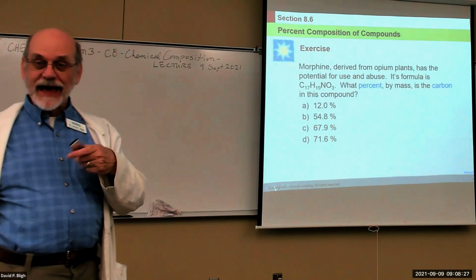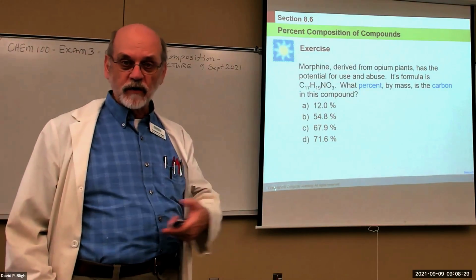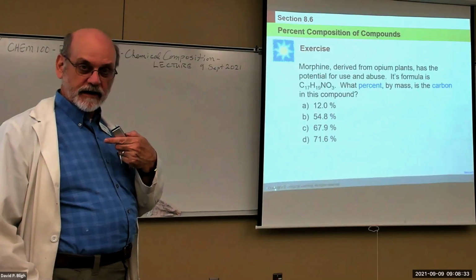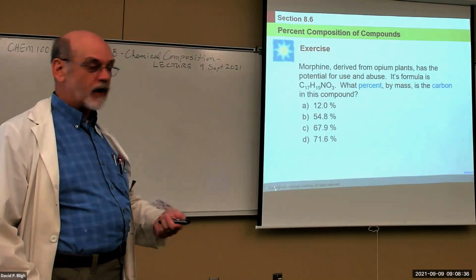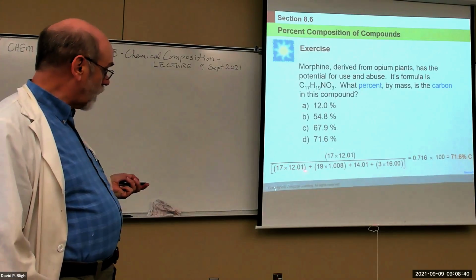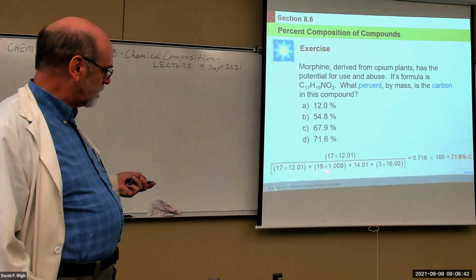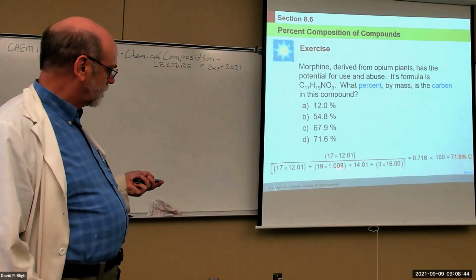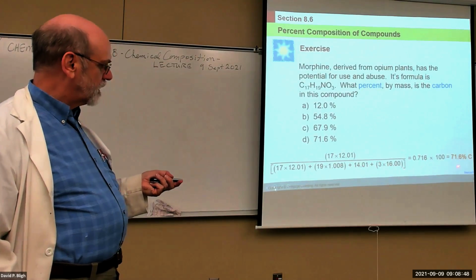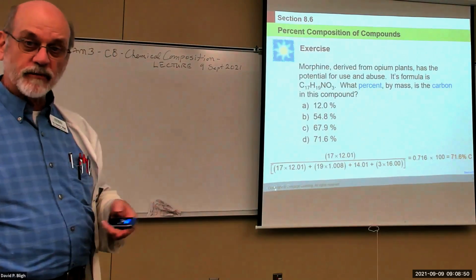Well, you need to add up the total mass for 1 mole of that compound, and then say how much of that is composed of carbon. So here's your carbon. Here's your carbon also in the total. There's your hydrogen, there's your nitrogen, and there are your 3 oxygens. And the percent of carbon in there is 71.6%.